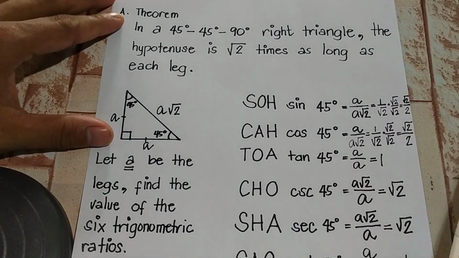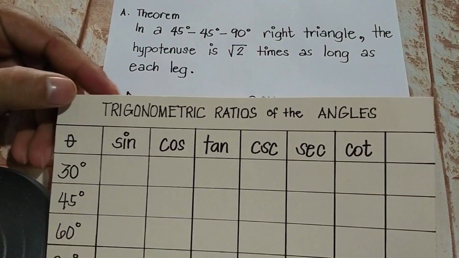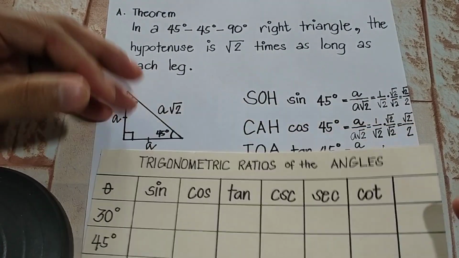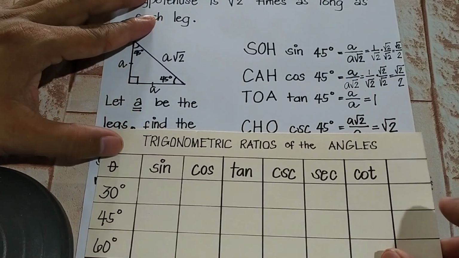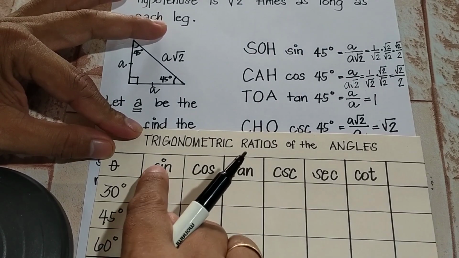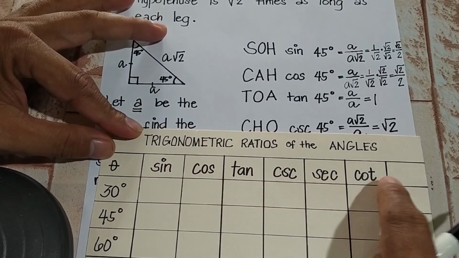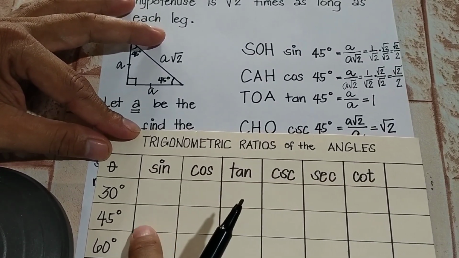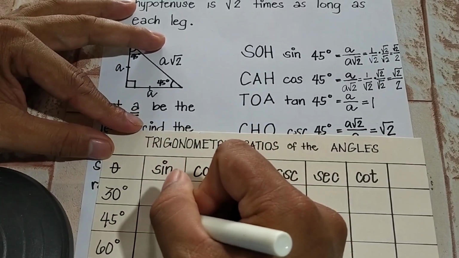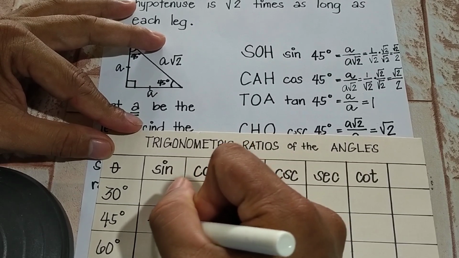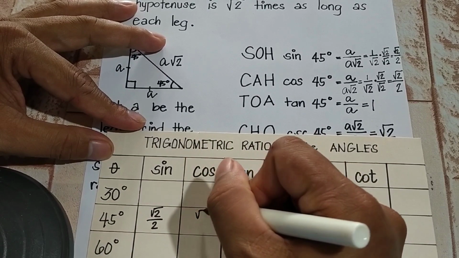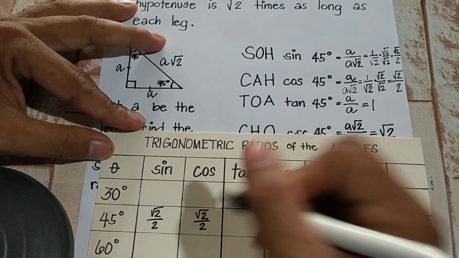Alright, so let's now fill in our values in our trigonometric ratios of the angles table. So again, we have sine 45. We have to fill in the values of sine, cosine, tangent, cosecant, secant, and cotangent. So as we said, sine 45 is square root of 2 over 2, while cosine 45 is still square root of 2 over 2.